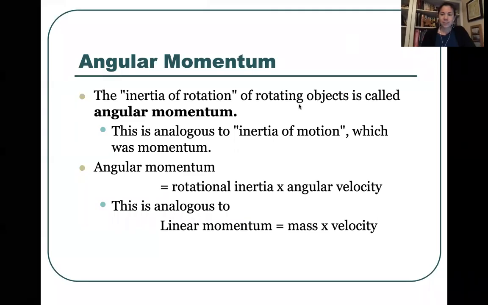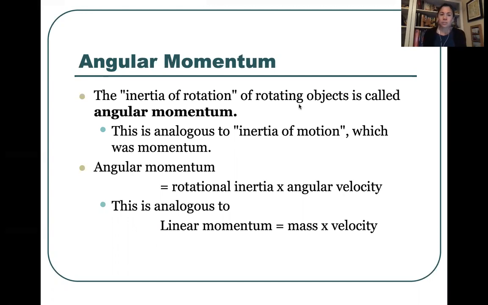All right, so in this last video, we're going to talk about angular momentum and compare that notion to the linear momentum that we've used in previous chapters. When we defined linear momentum, we talked about inertia in motion because we defined the momentum as the mass times the velocity, since it is a vector quantity that points in the same direction as the velocity.